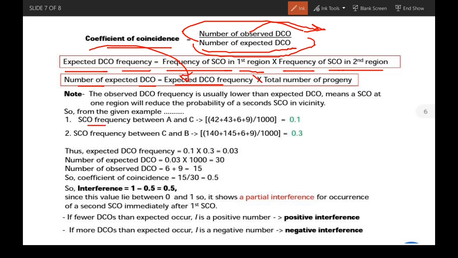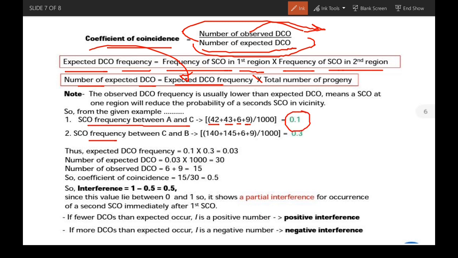So the single crossover frequency between A and C, we already saw 42, 43 single crossover, double crossover 6 plus 9. This was the SCO frequency between A and C, divided by 1000, that is 0.1.